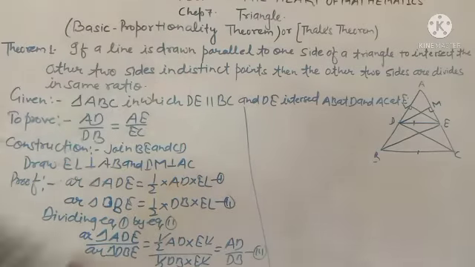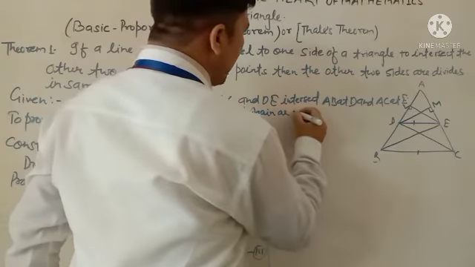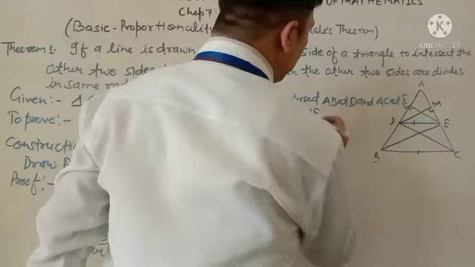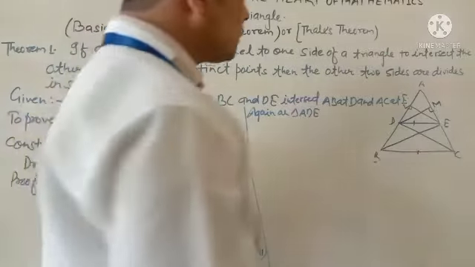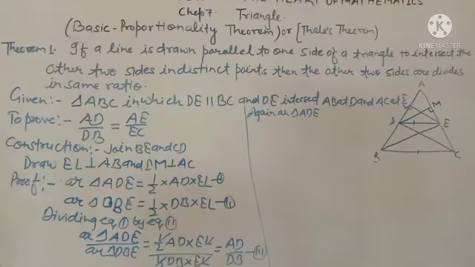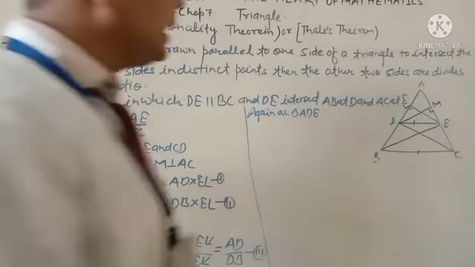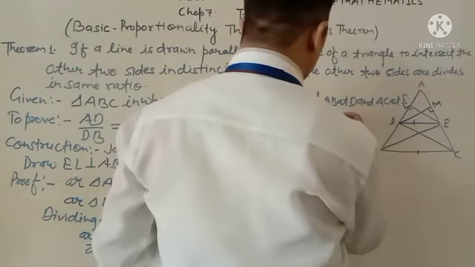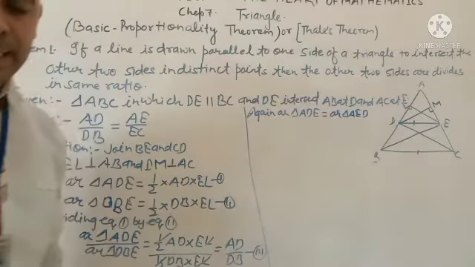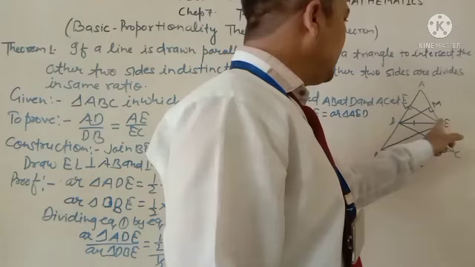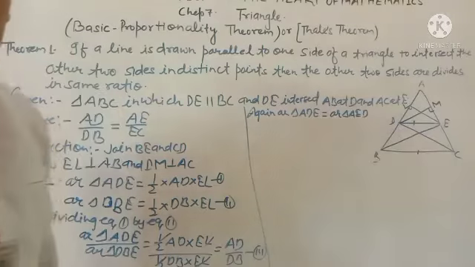Now you know that area of triangle ADE is equal to area of triangle AED, because AED and ADE are the same triangle.